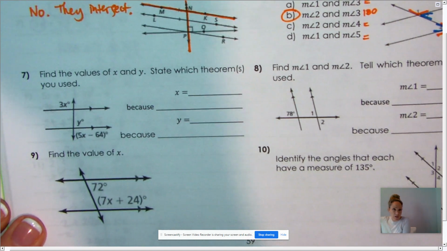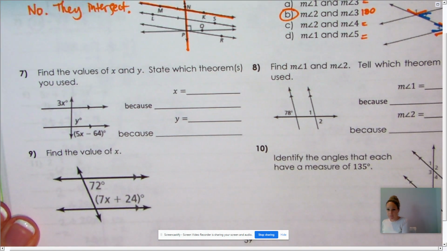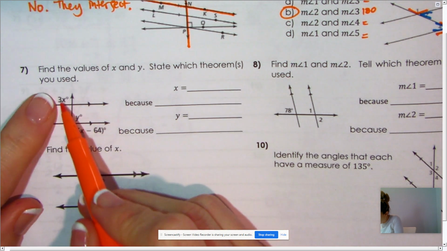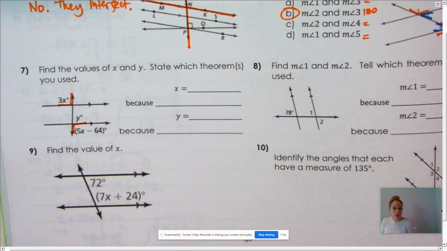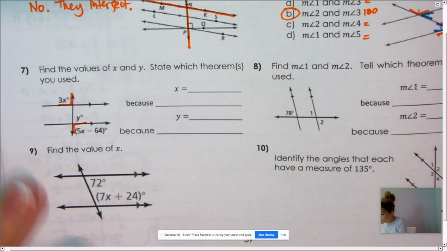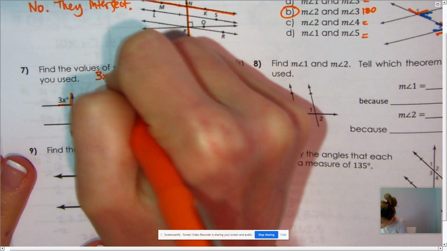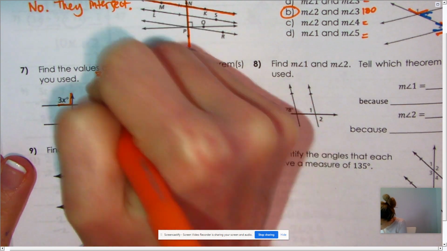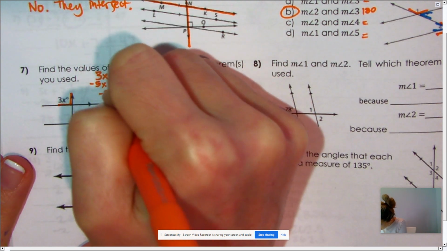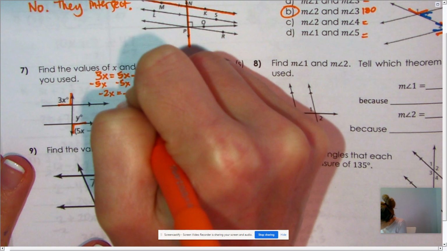Okay, question number 7 says, find the values of x and y and state which theorems you used. Okay, so first of all, we know that this one has to be equal to this one because they're alternate exterior. So I'm going to say 3x is equal to 5x minus 64. So if I subtract the 5x, I get negative 2x equals negative 64.